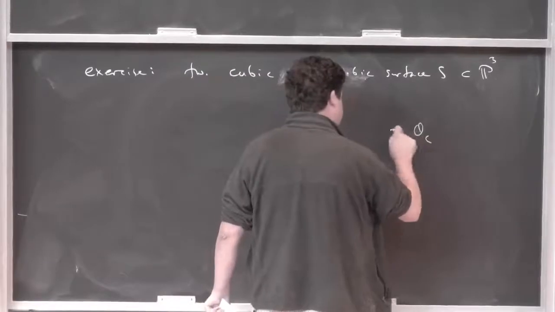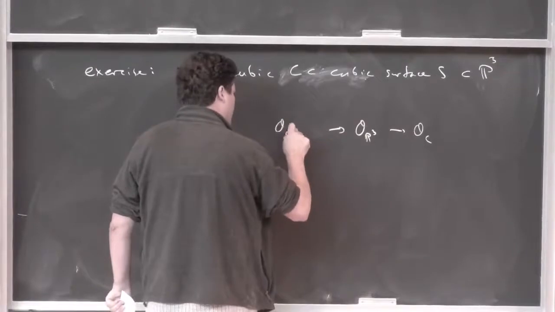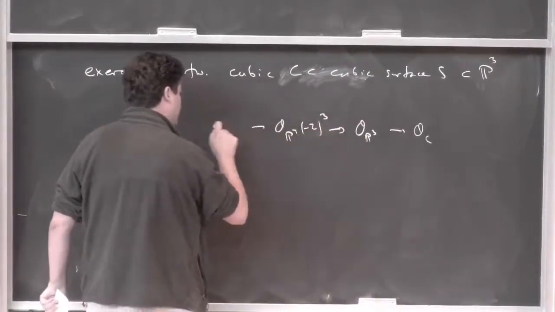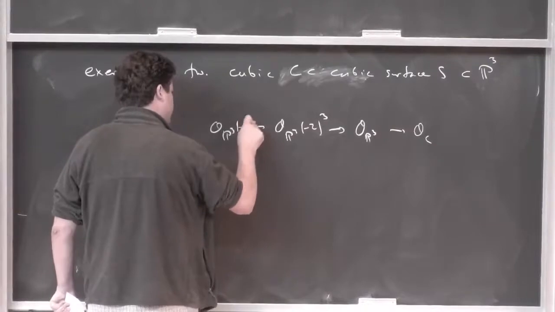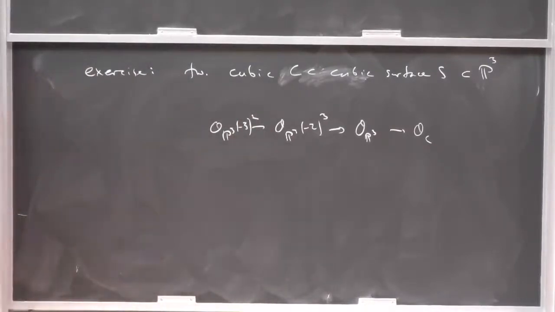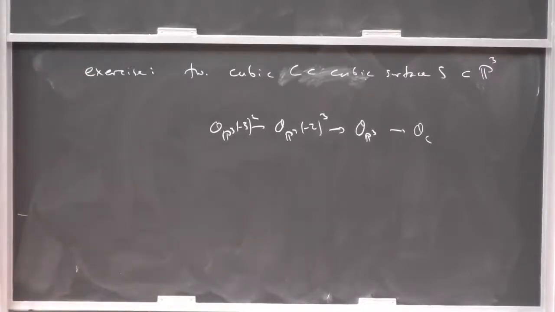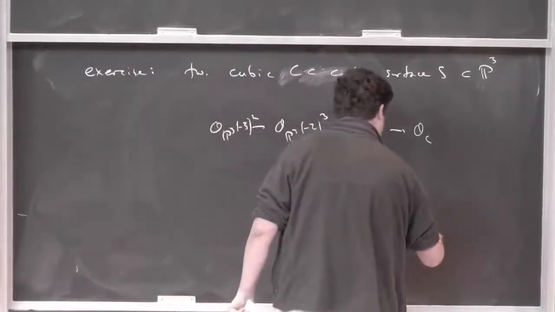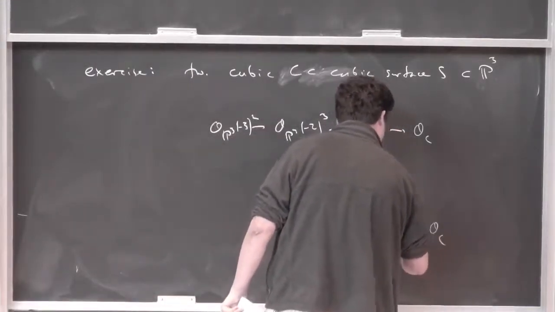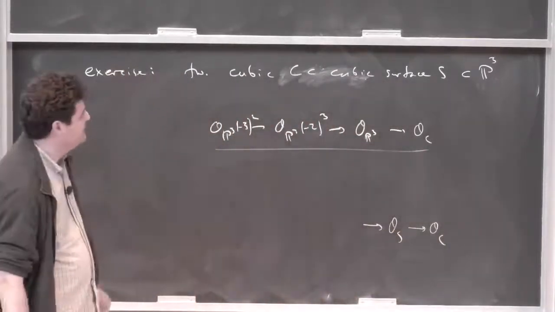We had this. OC came from OP3 of minus 2 cubed, from OP3 of minus 3 squared. This was the minimal resolution. And their h squared really is 0 because there's just nowhere for h squared to go. So the minimal resolution on P3 of the curve looks like this.